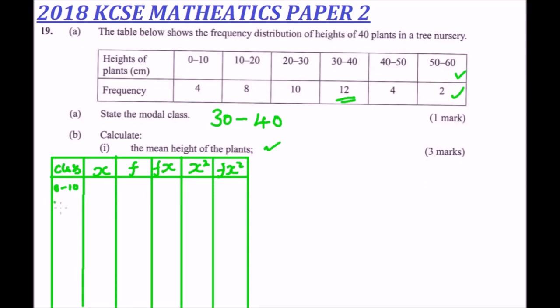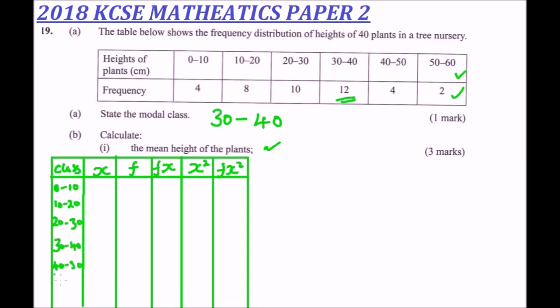So our class here is from 0 to 10. Then we have 10 to 20. We have 20 to 30. Then we have 30 to 40. We have 40 to 50.